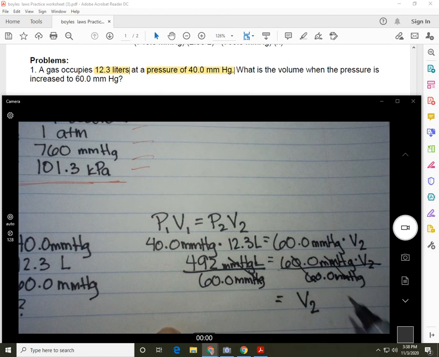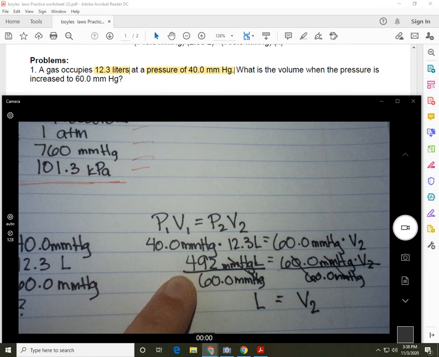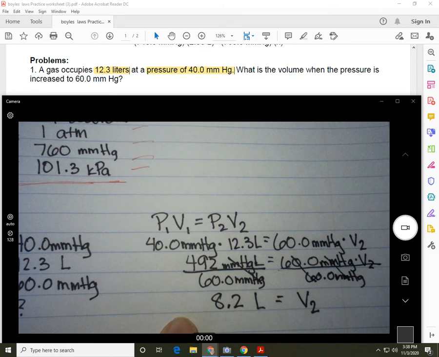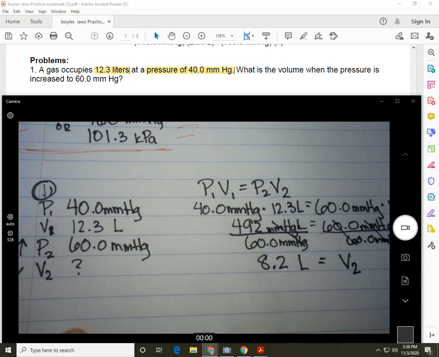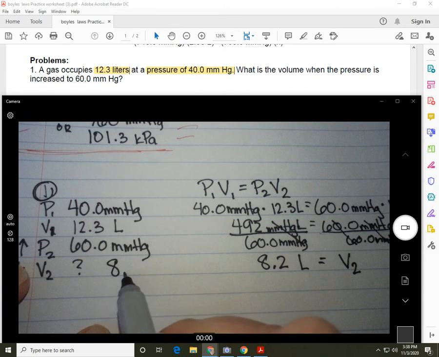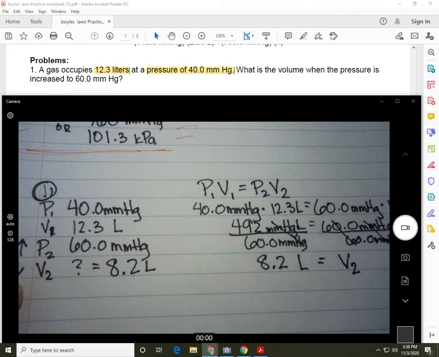Now my units cancel. I'm left with liters for units. And if I divide 492 by 60, I'm going to get 8.2 liters. And that's my V2. If I go back and look at what I had, my V2 is 8.2 liters.